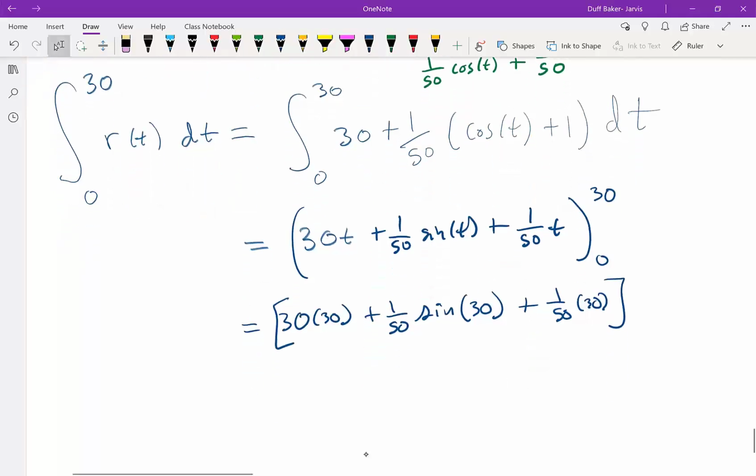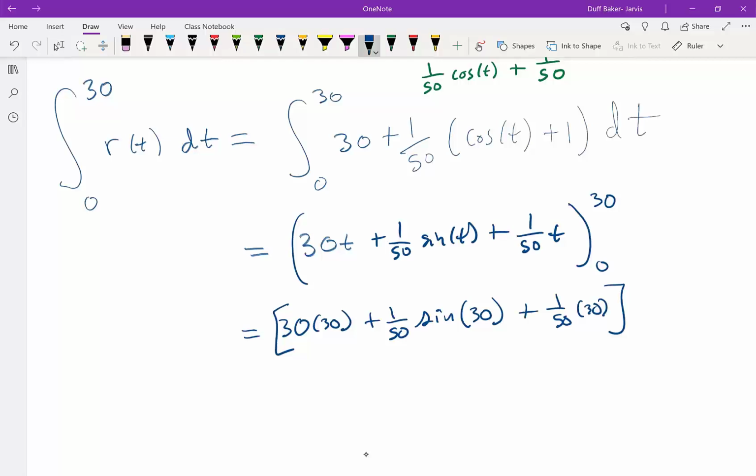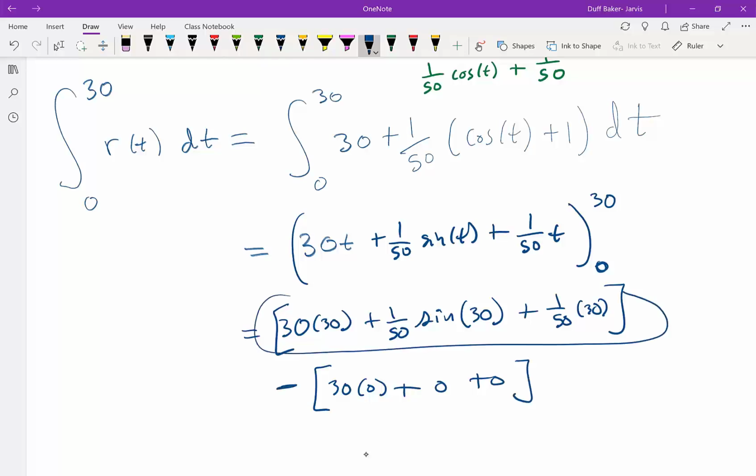And even if the bottom bound is 0, you should always check what it gives, right? Here it turns out that it gives all zeros, but often it doesn't. So don't ever skip it. All right, you just get a bunch of zeros here though. And this is subtracted. So your answer just ends up being this part.